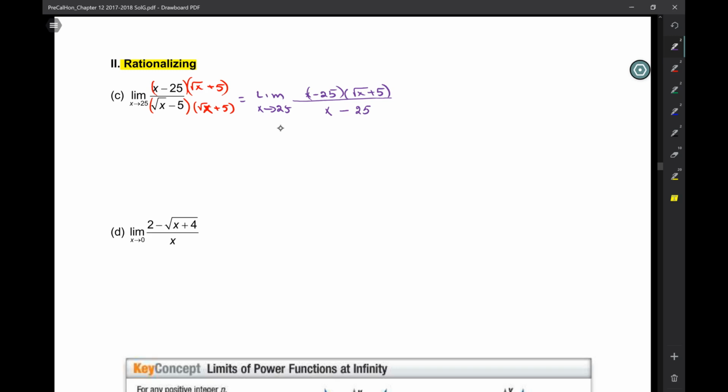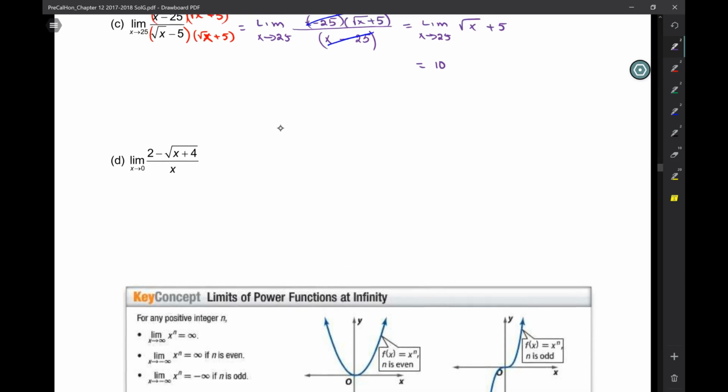Please don't, because take a look at what happens now. The entire term will cancel. So we get the limit as x approaches 25 of root x plus 5, this is 10, right? Yes or no? Okay.